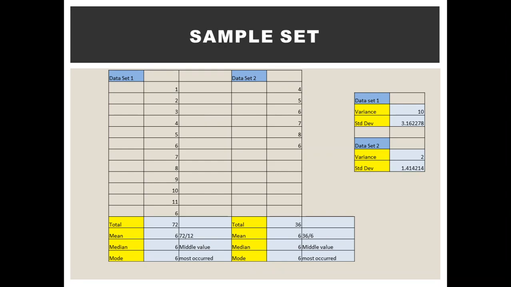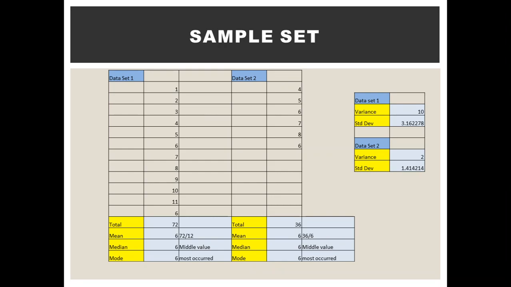Yes, 9 is within that. Or you can take 4 or 3. 6 minus 3.16 is again somewhere around 2 point something, and your 3 or 4 lies between that. So most of the data in this data set is around 3.16 away from 6.